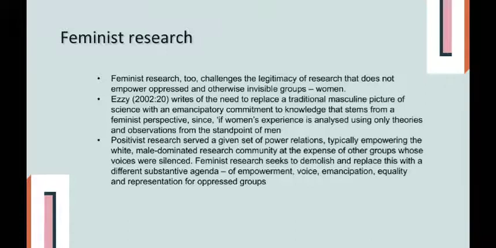Positivist research serves a given set of power relations, typically empowering the white, male-dominated research community at the expense of other groups whose voices were silenced.